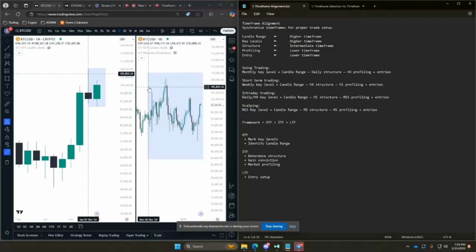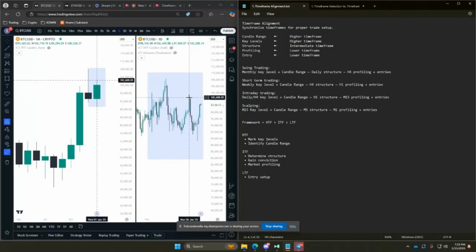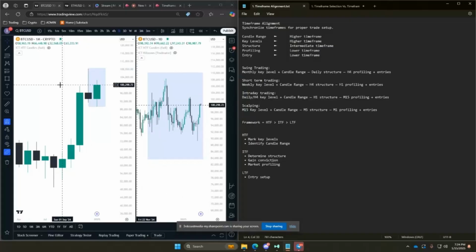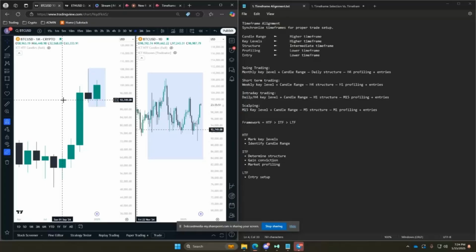Whereas on the right, from a daily perspective, we only see as far back as January. So the chart on the right would be useful if we were trying to look at things that might help us in the near term. But we don't want to forget about what's happening on the higher time frame, because this will make sure that we stay oriented correctly.